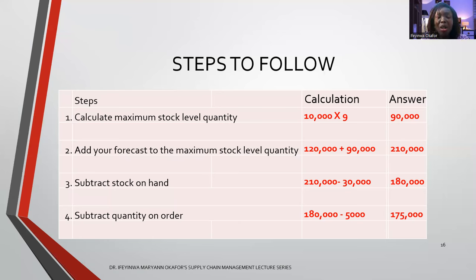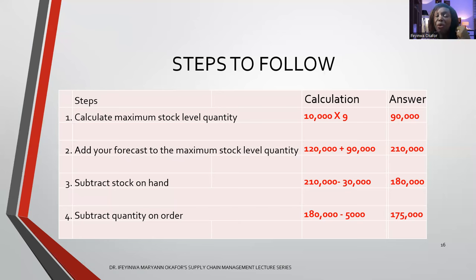The next thing we do, what? We subtract stock on hand. The amount of slides on hand from the question provided is 30,000 slides. So we subtract 30,000 from 210,000, and we're having what? 180,000. The next step is to subtract quantity on order.